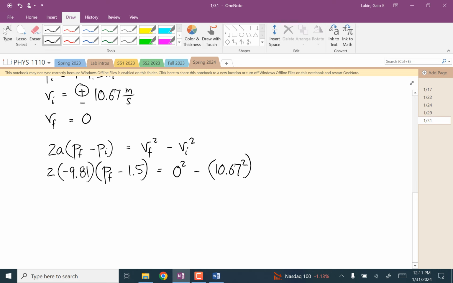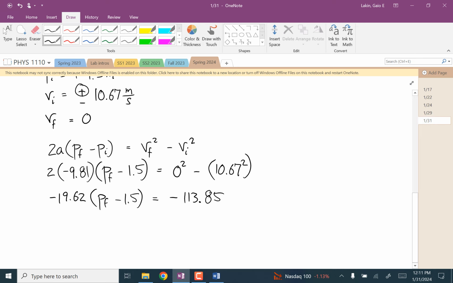I'll multiply the 2 and the negative 9.81 first, so negative 19.62 times the quantity PF minus 1.5 is equal to negative 113.85.